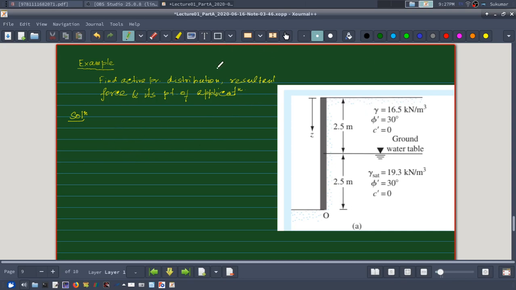Let us first draw the variation of earth pressure diagram.